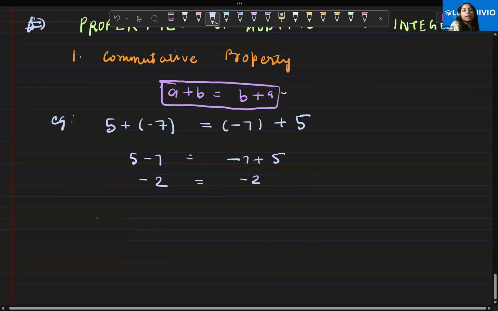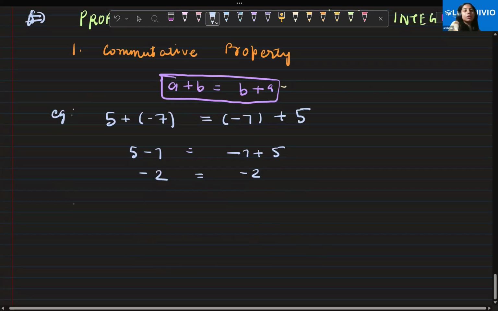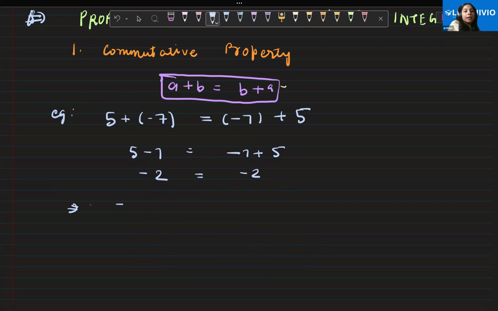Okay. Let's take an example where both the numbers are negative. So example 2 would be negative 3 plus negative 8. What should this be equal to? Can anyone tell?